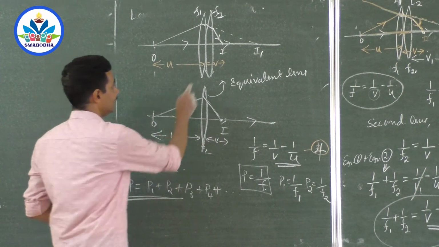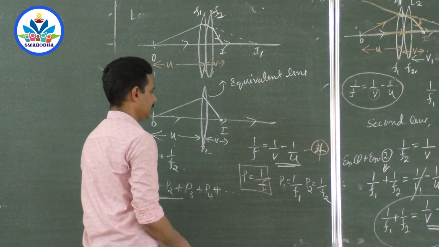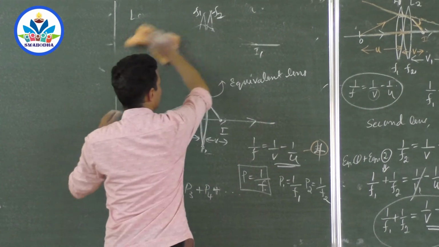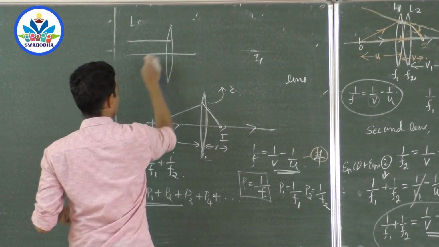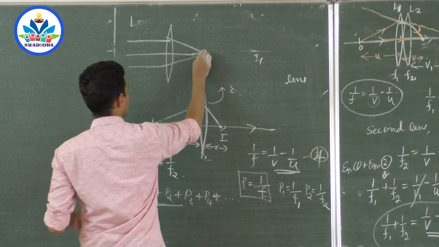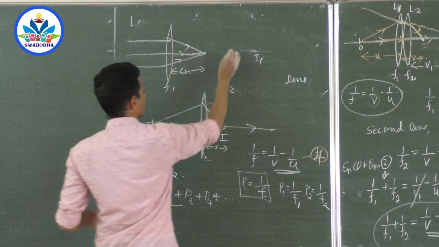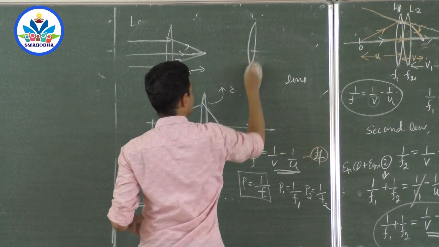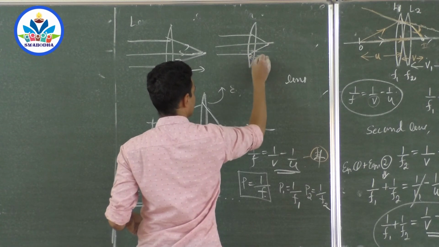How? Suppose this lens individually, suppose the focal lengths are 6 meters and 3 meters. Right? Last time I was discussing this in the beginning of this derivation. Suppose this lens is having a focal length of 6 meters. It is making the ray get focused at a larger distance, f1. Suppose another lens is having a lesser focal length. It is having more ability to focus. It is focusing the rays of light at a shorter distance, 3 meters.